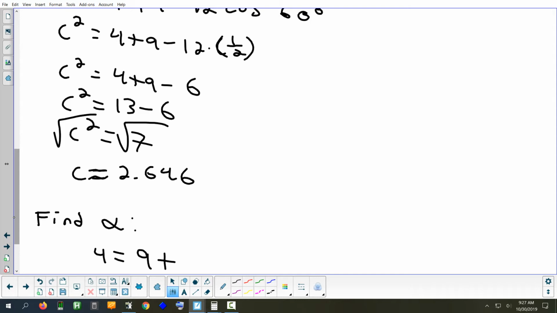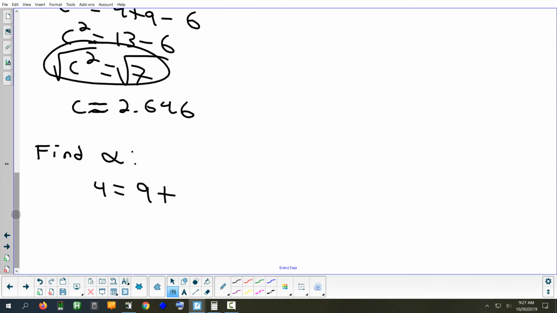I already know what 2.646 squared is. What is it? 7. I just did that in the previous step. c squared was equal to 7, so just use that information. If you take 2.646 and square it, you're going to get like 6.9999. You're not going to get exactly 7. So c squared is 7. So a squared, b squared, c squared. Minus, what are the next two letters I need?